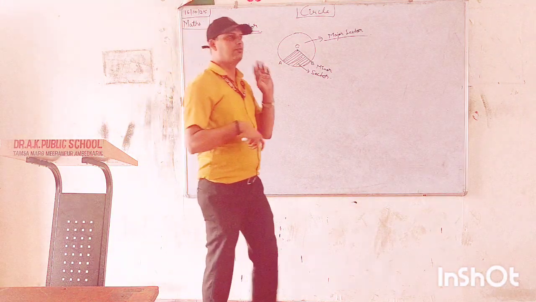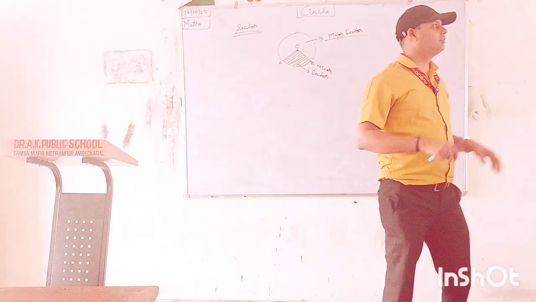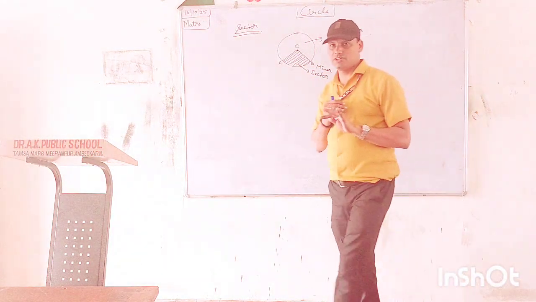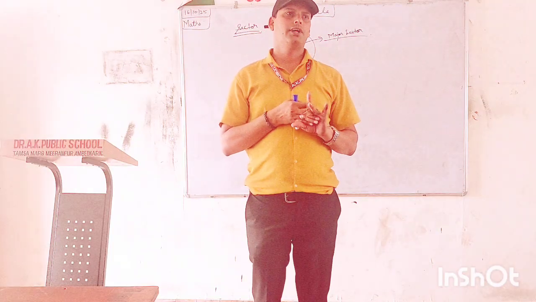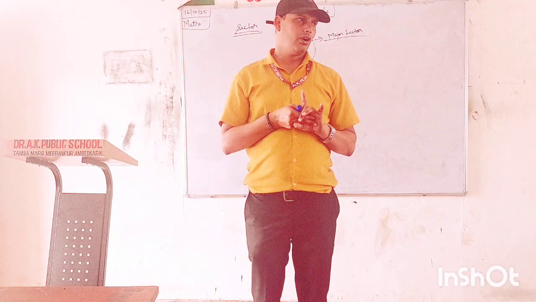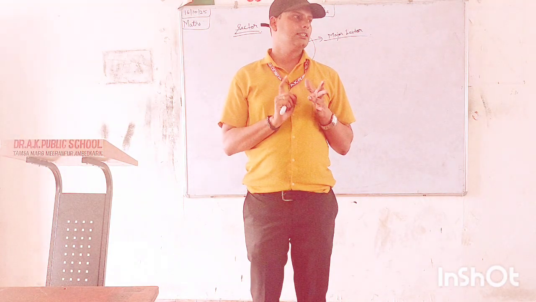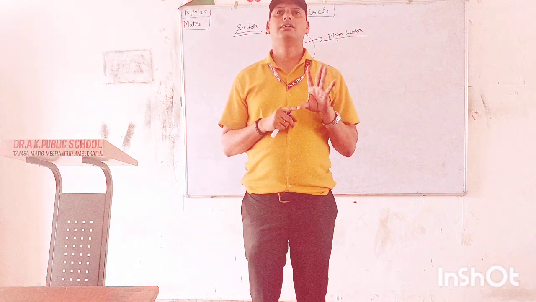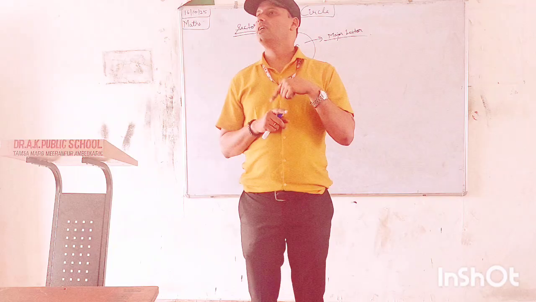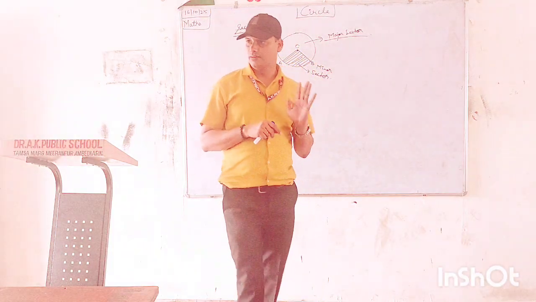So in this portion we have discussed about the circle, its definition, center, radius, circumference, diameter, chord, tangent, secant, arc, segment and sector. These all points we have discussed, right?